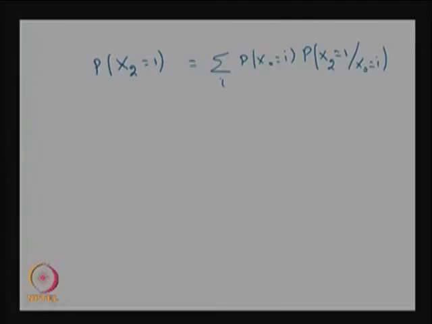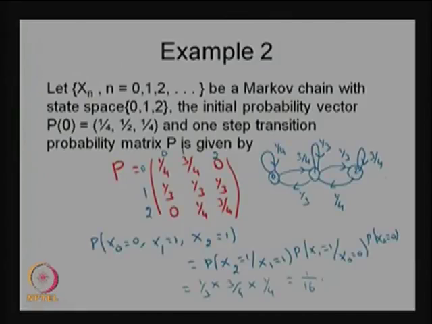Here I belongs to S, so S is 0, 1, 2. Already we have been given the initial probability vector, that is 1/4 and 1/4.